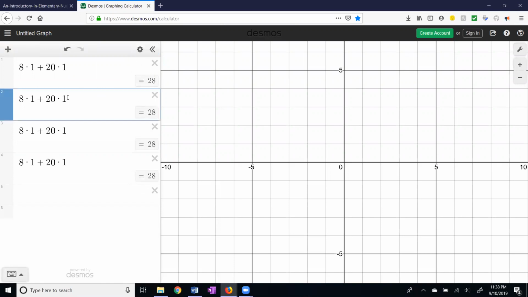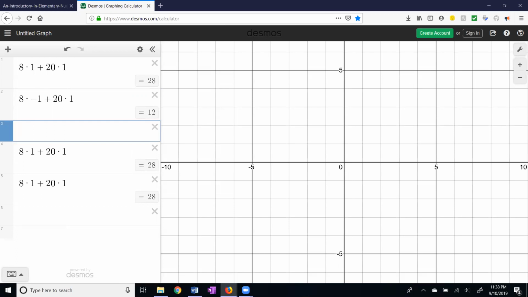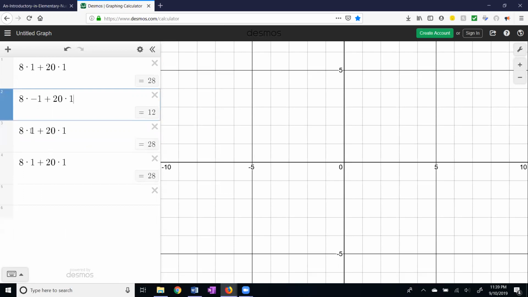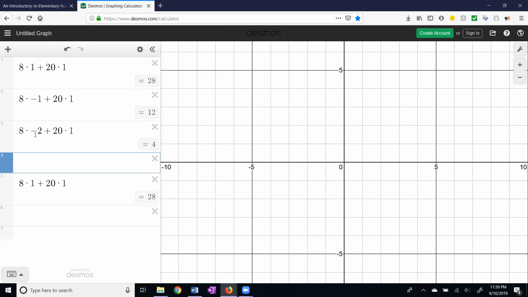And we can get 28. If I take 8 times negative 1 plus 20, I get 12. If I take 8 times negative 2 is negative 16 plus 20, I get 4. And I believe that 4 is the smallest number that I can get.